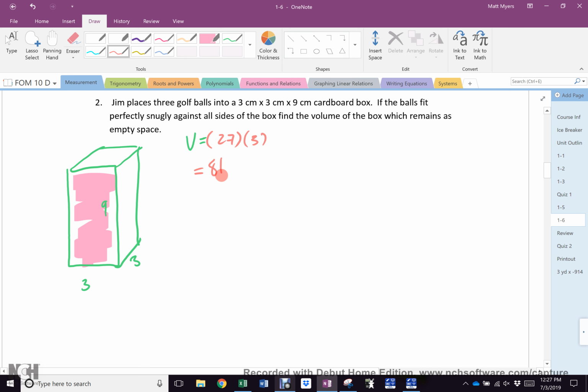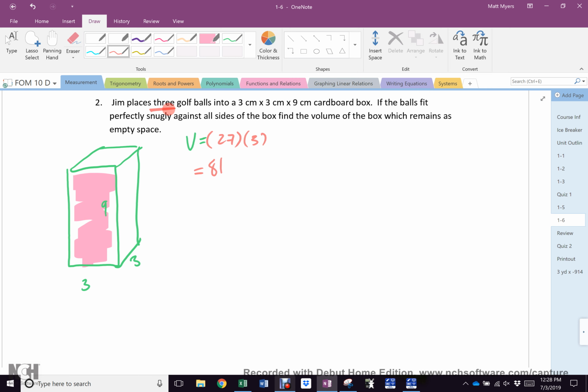What am I putting in the box? How many? 3. What shape's a golf ball? Sphere. I'm putting the golf balls in. Am I taking up space, or am I painting the inside of the box? Taking up space.